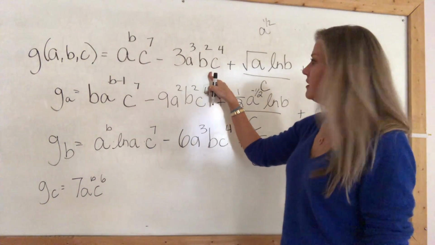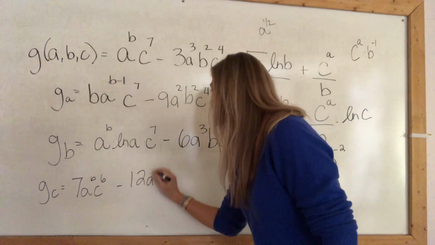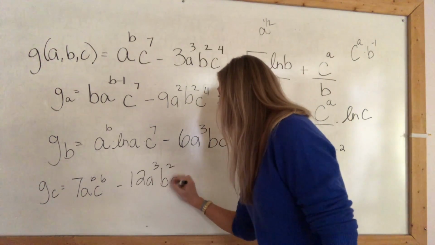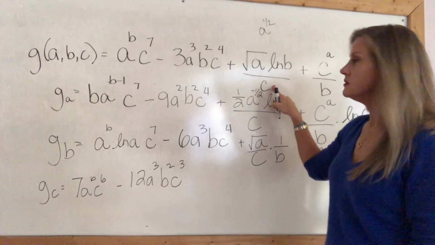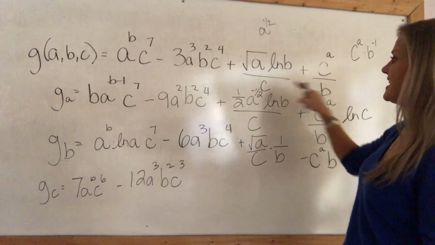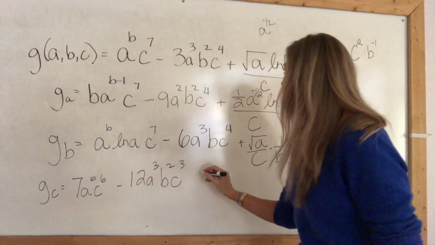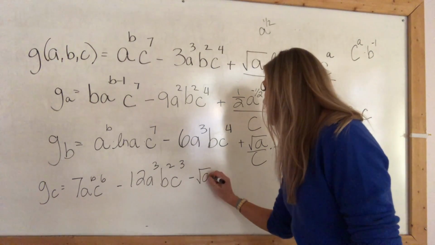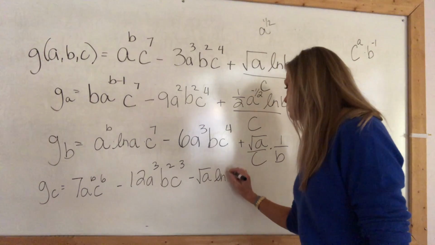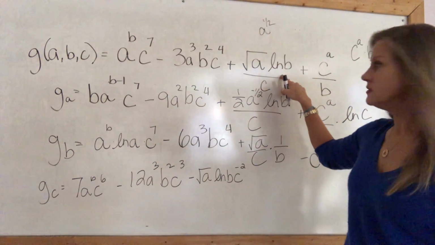Here's my c. The 4 will drop down. Now I have a c in the denominator. So it's going to behave like this b did. It's c to the negative 1. So that would give me negative root a natural log b times c to the negative 2.